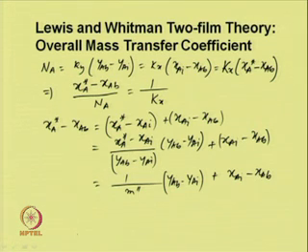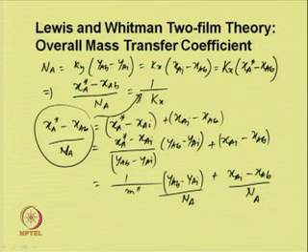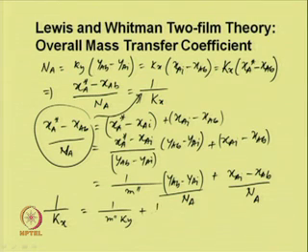Now, if we divide both sides by n a, so this will be n a and this will be n a. So, this is nothing but 1 by capital K x is equal to 1 by m double dash small k y plus 1 by small k x.